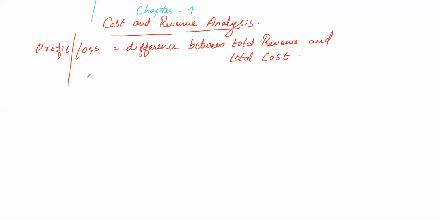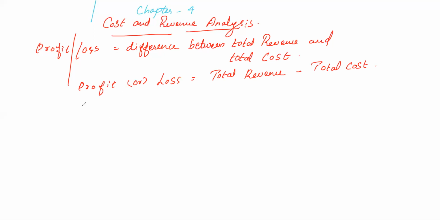So profit or loss is equal to total revenue minus total cost. Okay, so cost and revenue are very important to decide the production behavior of the firm and its supply behavior in the market. So it is necessary to understand cost analysis.